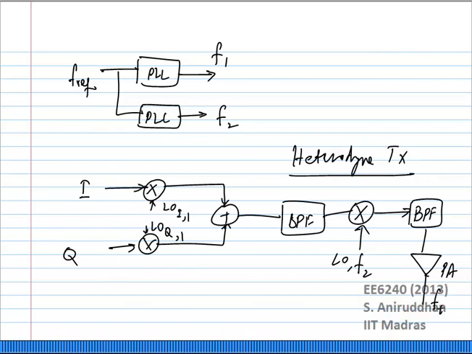Instead of using a direct conversion transmitter, you first upconvert to one frequency, omega 1. Then after that, you upconvert it to F1 plus F2, and you make sure F1 and F2 are far away from the power amplifier frequency, which is F1 plus F2, and you are probably doing very well already.